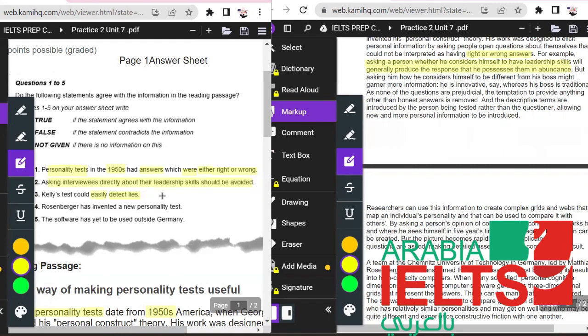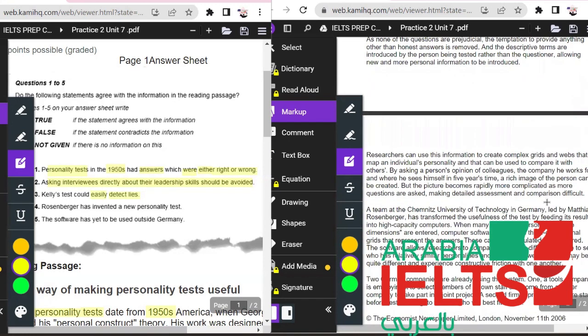So not given. Next one is talking about new factual information. I would underline it, but I'm not sure if it's going to work. Okay, Rosenberger has invented a new personality test. Let's take a look at this factual information. Has invented a new personality test. Something new.